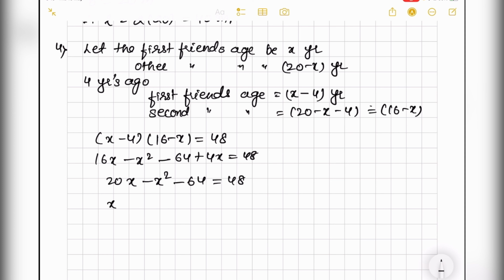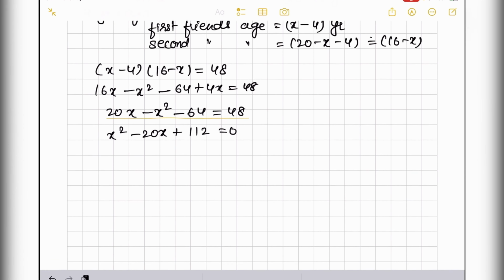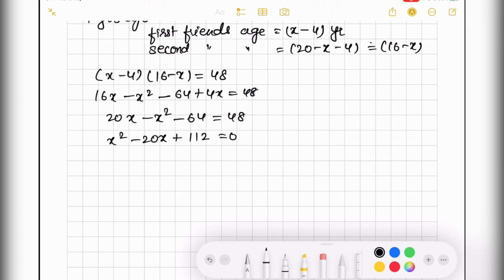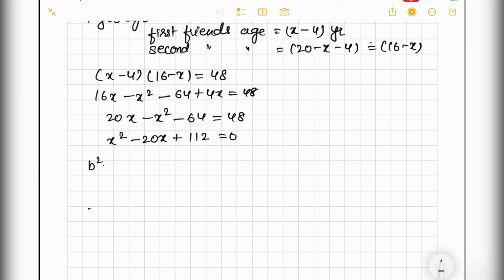Bringing everything on one side, so x square minus 20x plus 112 will be equal to 0, see I have changed the sign also directly in one go. So now he is saying, okay, is it possible? So for that I have to check b square minus 4ac. So that will be minus 20 whole square minus 4 into 1 into 112.